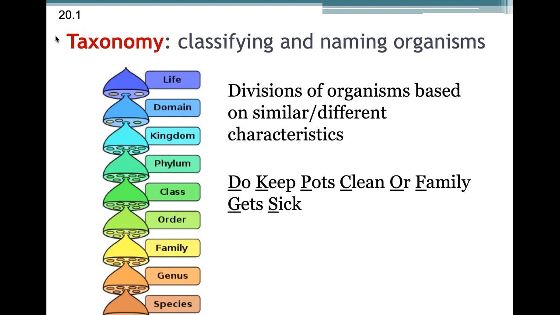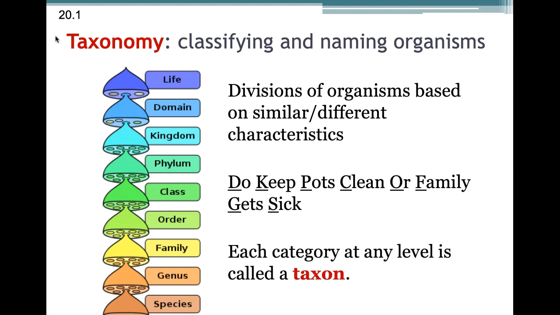From general: domain, kingdom, phylum, class, order, family, genus, and then species, which talks about one type of organism. Again, the mnemonic is do keep pots clean or family gets sick. Do being the domain, very broad and general, and species very specific. Every one of these levels is called a taxon. Working from the top down, we get more and more specific about what type of organism we're discussing.